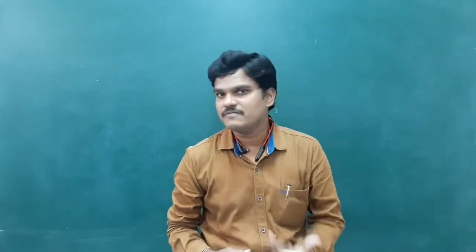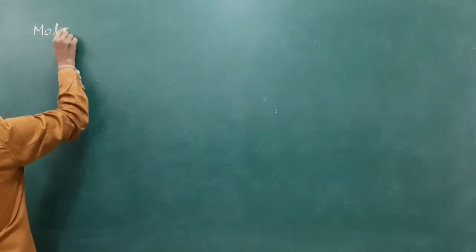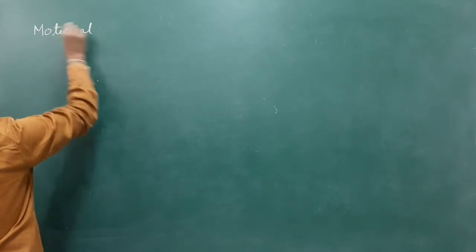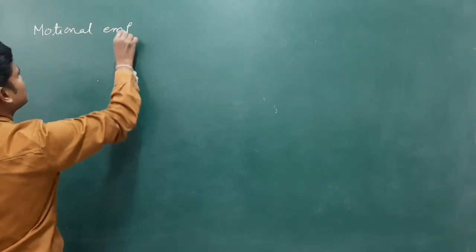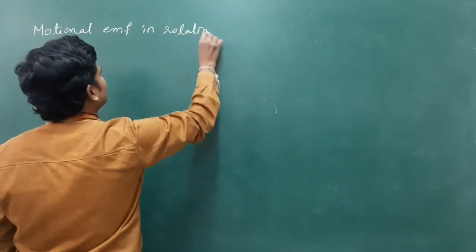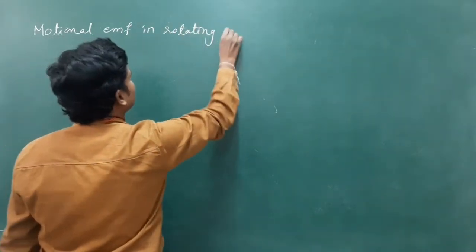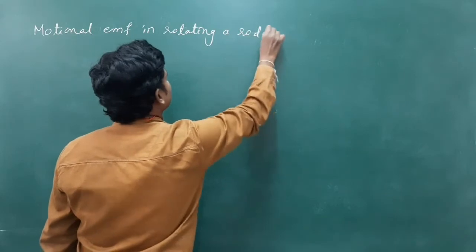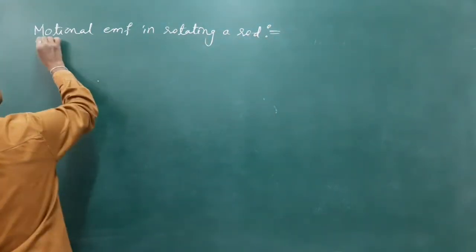Write down the heading: motional EMF in a rotating rod. Most important from the entrance point of view, and an easy-level formula.